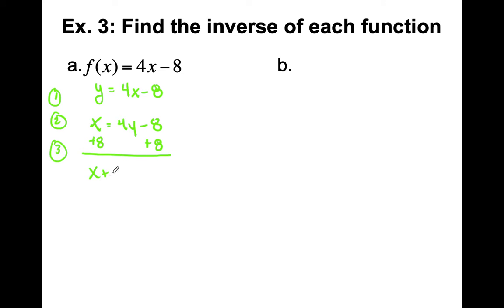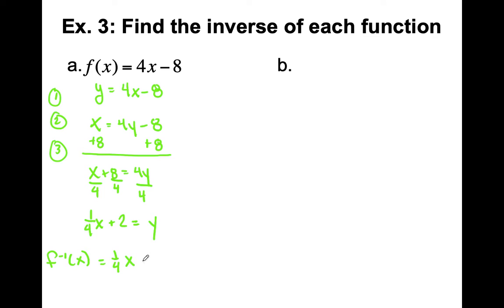So x plus 8 is equal to 4y. And then we divide everything by 4. So we end up with 1/4 x plus 2 equals y. Now, if you write that as x plus 8 divided by 4, that's perfectly fine. And so the last step is to change that to inverse of f.